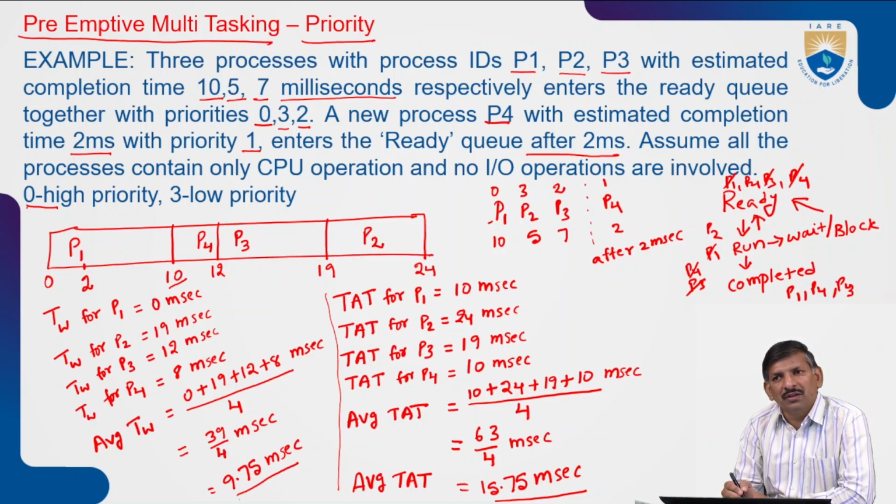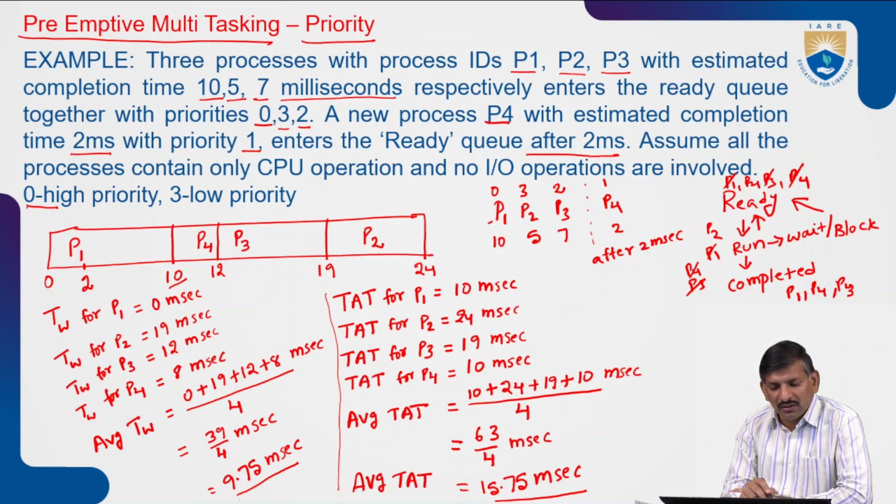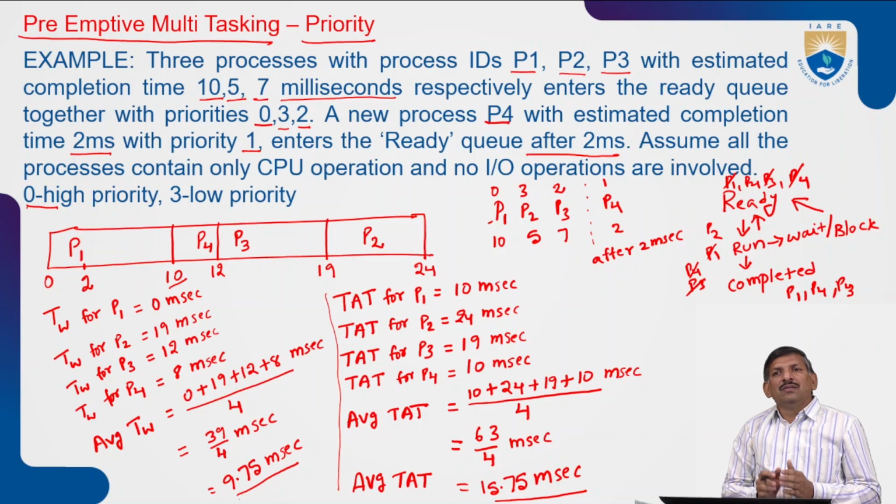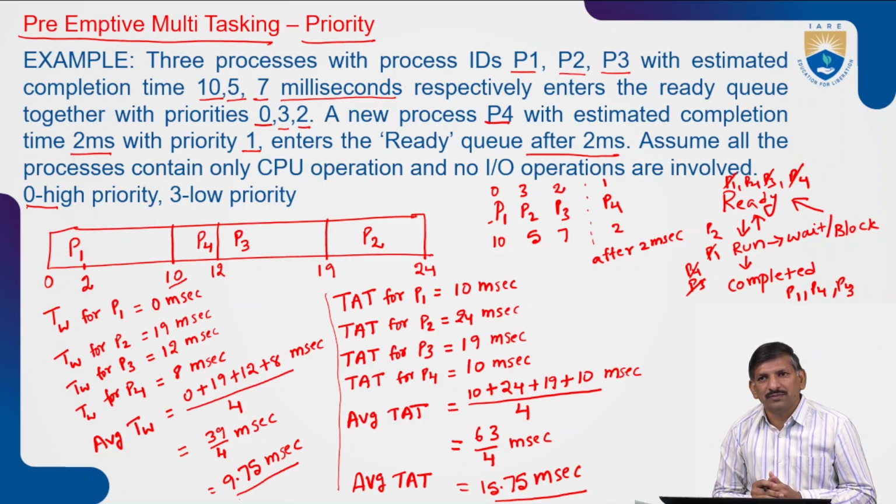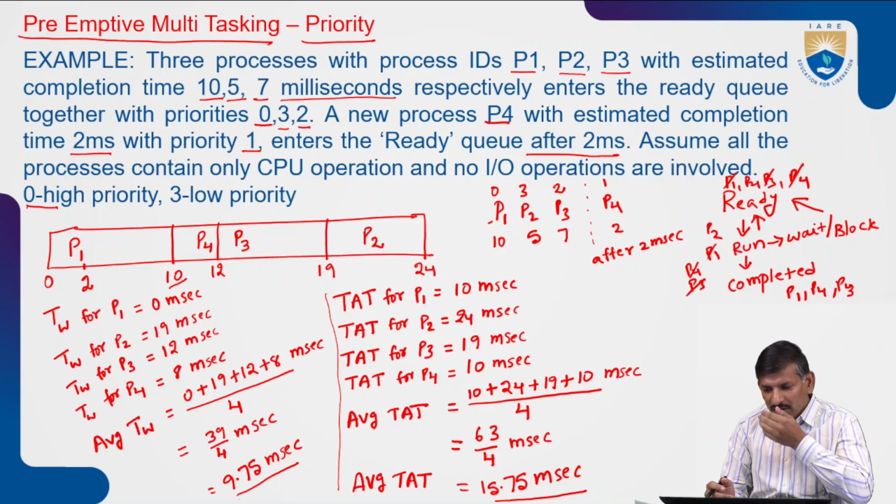In the same manner, we can check the average waiting time and average turnaround time for different scheduling algorithms for this requirement and decide which scheduling algorithm is best suitable for this one.